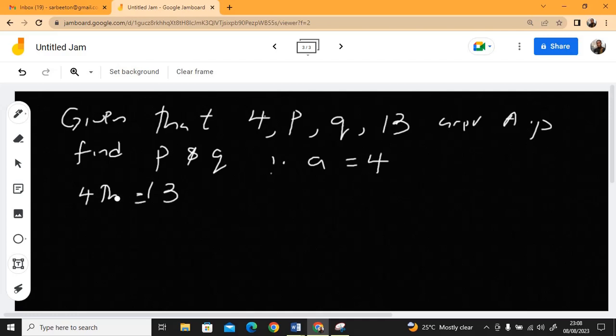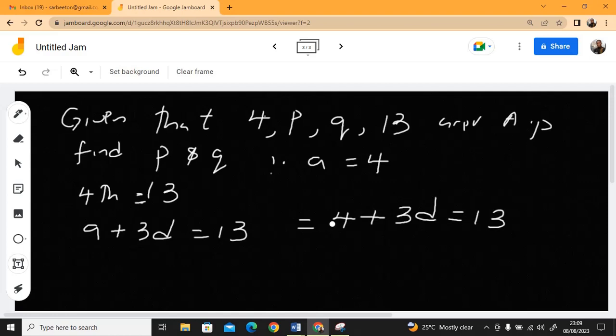You can recall from our previous class, that will be a plus 3d equals 13. Now you know that my a is 4, so I'm going to replace a with 4 here. So it's 4 plus 3d equals 13.